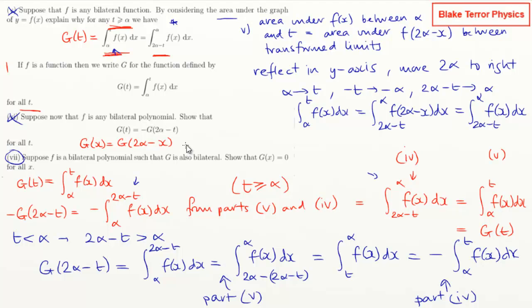But we've also got that g of x equals minus g of 2 alpha minus x. So add those together, and we've got 2g of x is equal to 0. So g of x is equal to 0.